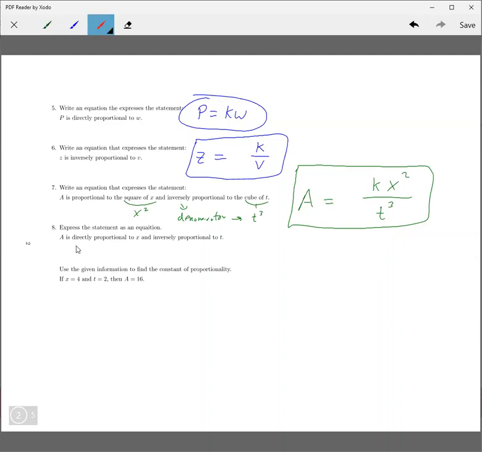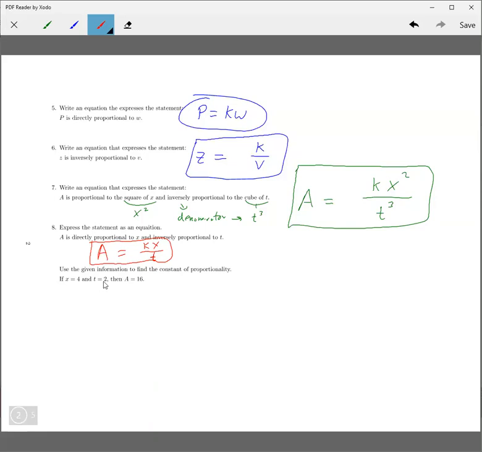Okay, let's do number 8. A is directly proportional to x and inversely proportional to t. So what's going to happen there is the x goes in the numerator and the t goes in the denominator. Then the second part is use the given information to find the constant of proportionality.